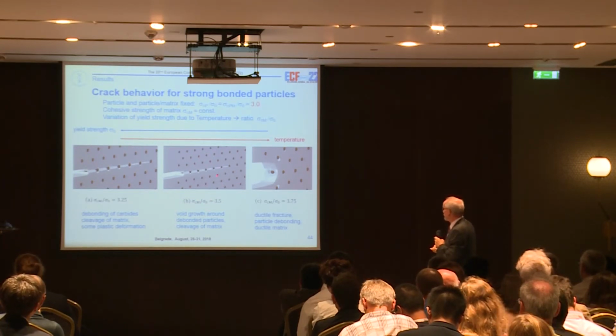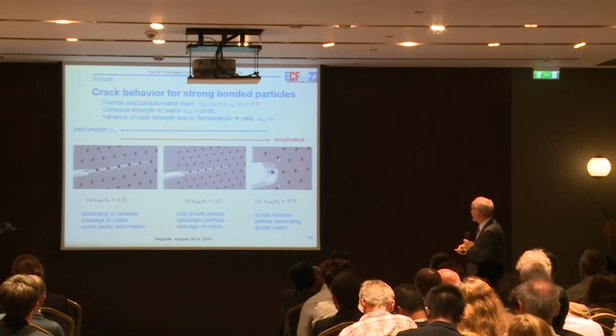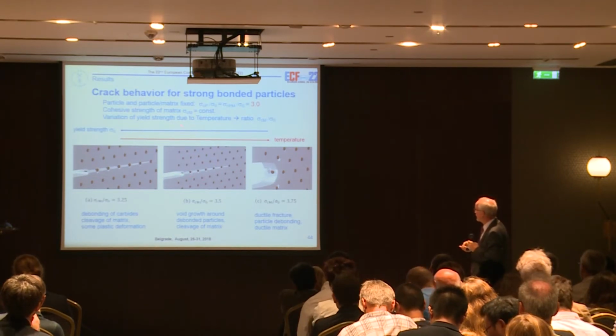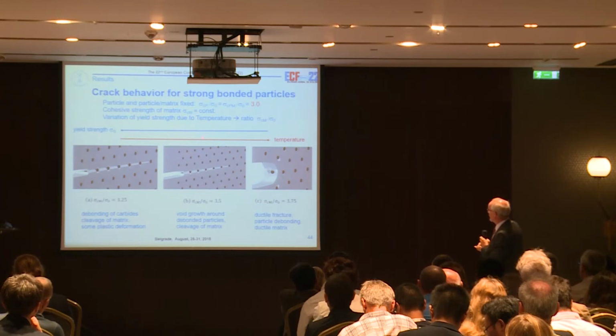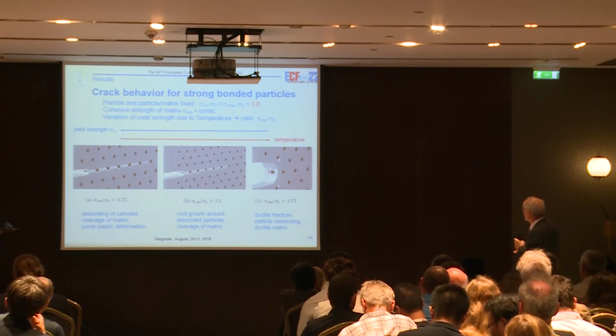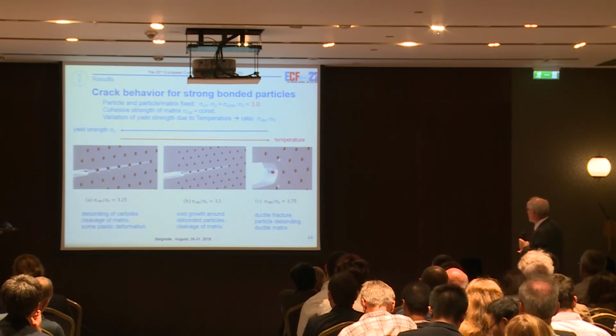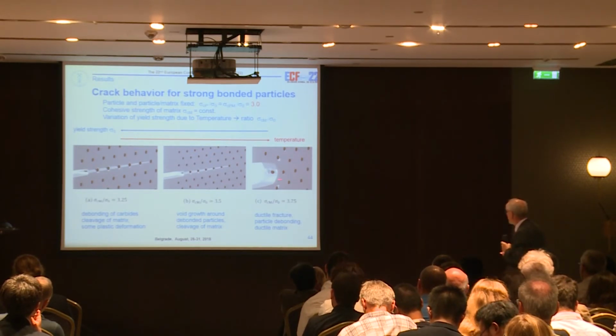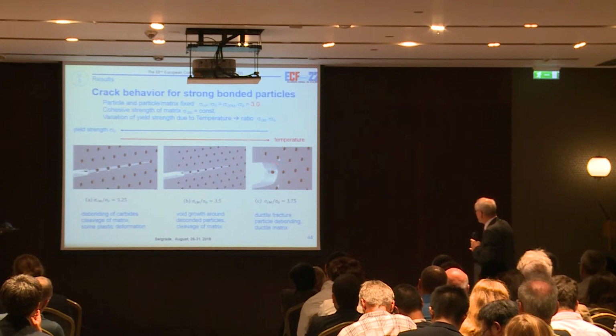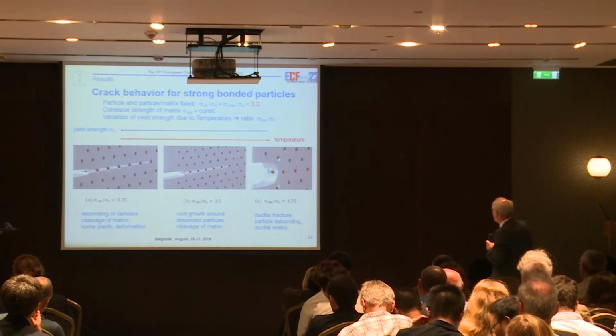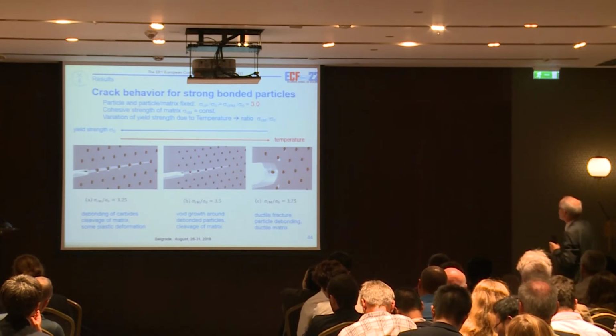Then we have void growth around the bonded particles, still cleavage of the matrix. The matrix is now the weakest part, or the most ductile part. And at high temperatures, we have only debonding of the particle and ductile behavior of the matrix.